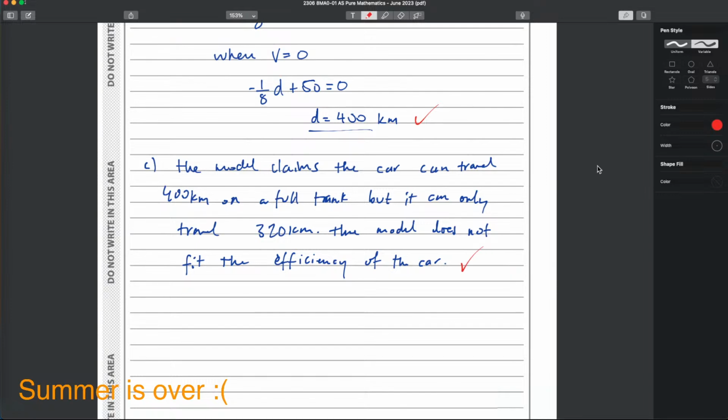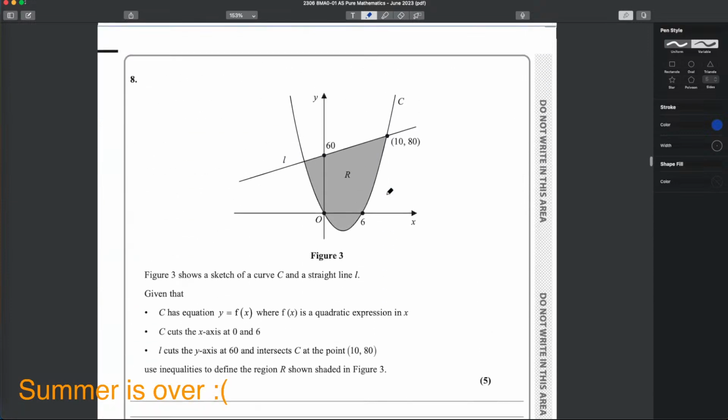Because, so you need to say here something like 320 is significantly less than 400. So mention this significantly. Alright.